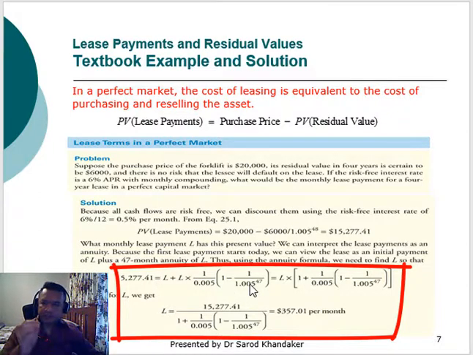As we know, for the lease payment there is 1 payment at the beginning of the month, and there are 47 payments remaining, which will also be paid at the beginning of the month. So if we solve this equation, we will find that the monthly payment is $357.01 per month. Hopefully you understand this calculation.